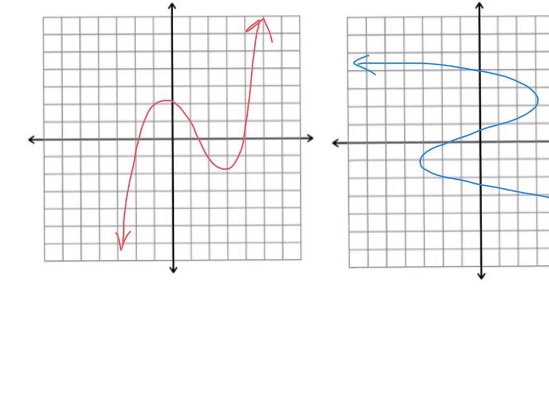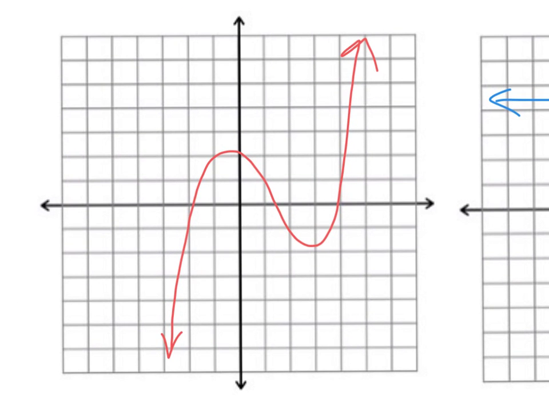Okay, so let's look at the red one. Let's look at any value of x. Let's say x equals 1. If we go up or down from x equals 1, there's the ordered pair for x equals 1. For x equals 2, there's the ordered pair. For x equals 3, there's an ordered pair. x equals 4. x equals 5 would be way up here. x equals 0 would be here.